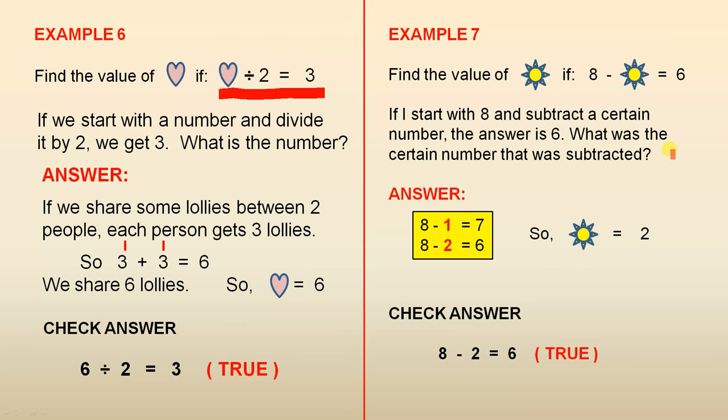What was the certain number that was subtracted? Okay, let's do some trial and error. 8 subtract 1, or 8 take away 1, or 8 minus 1 gives us 7. 8 minus 2 gives us 6. So the sun has to be 2. Check the answer. 8 minus 2 equals 6.